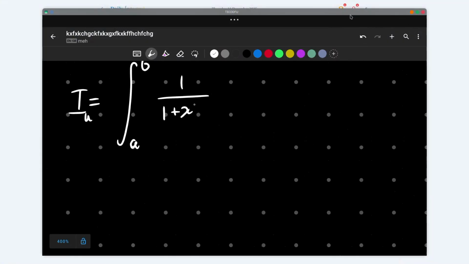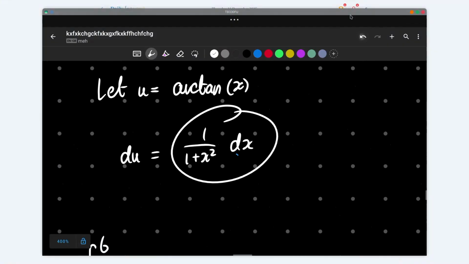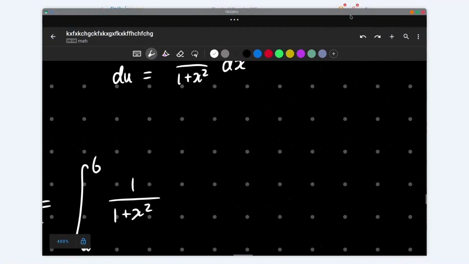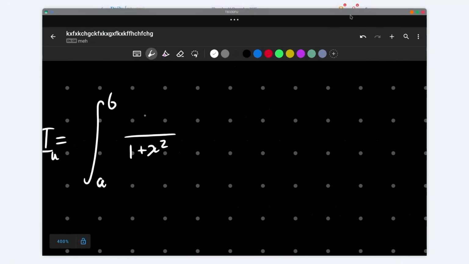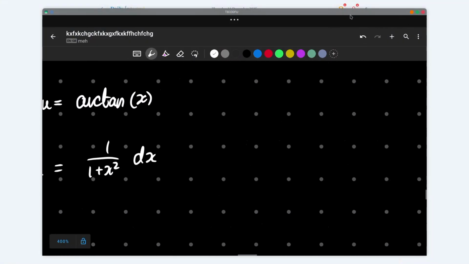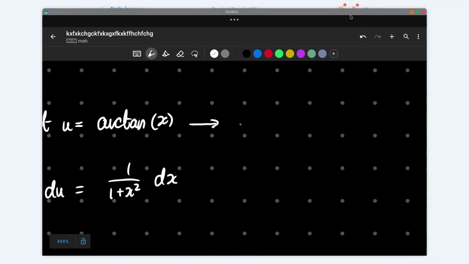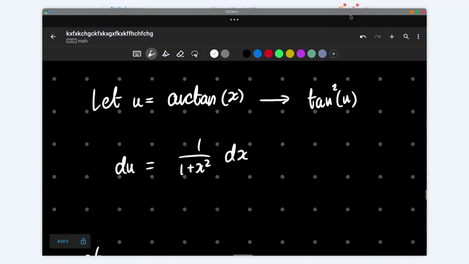1 plus x squared. du is equal to that, so we can skip over some steps, and you've got u on the top. Now we just have to get rid of the x squared, which is problematic. Never mind.